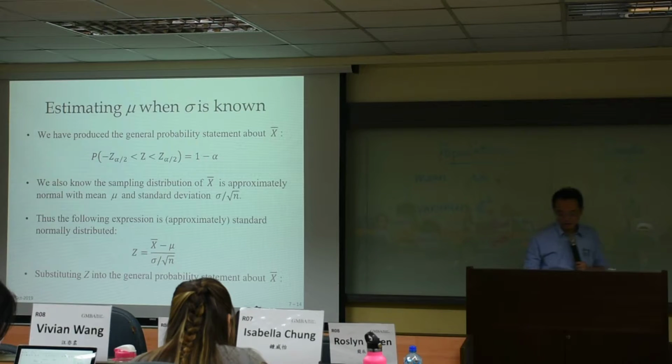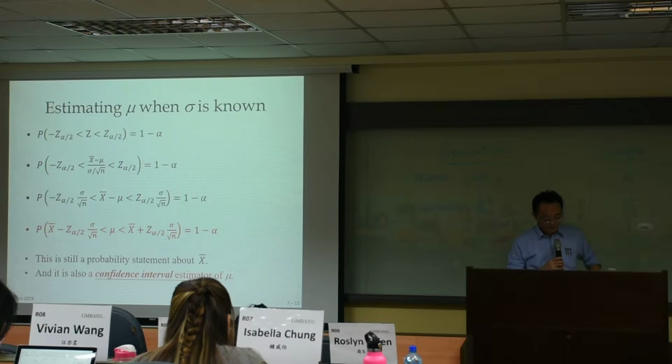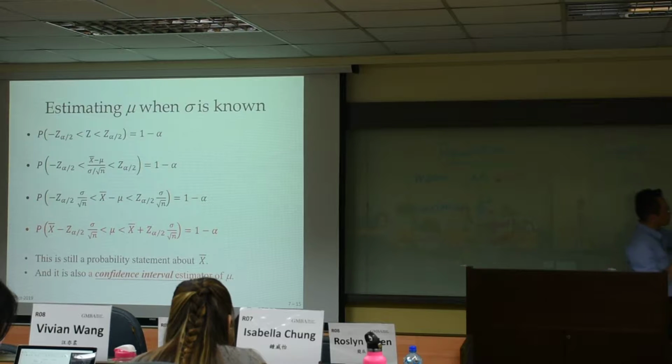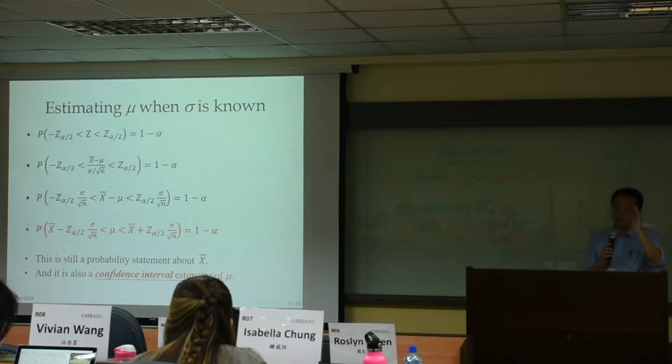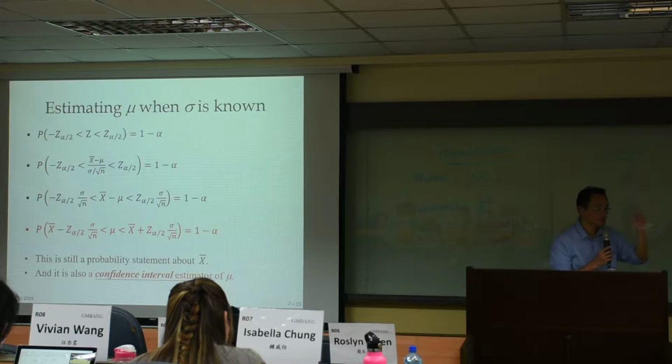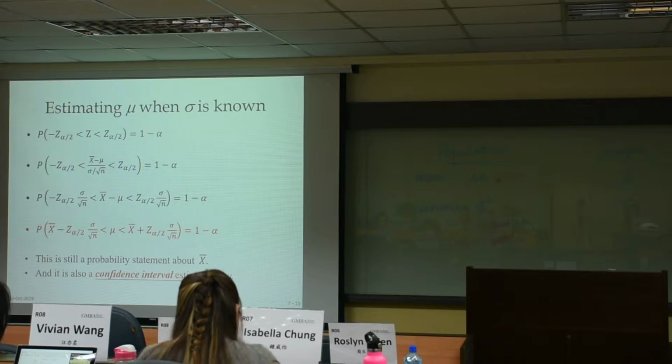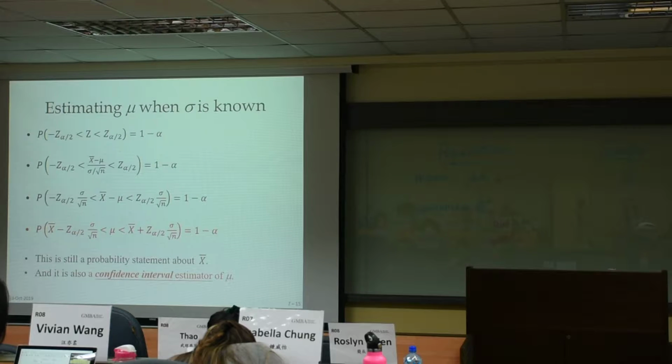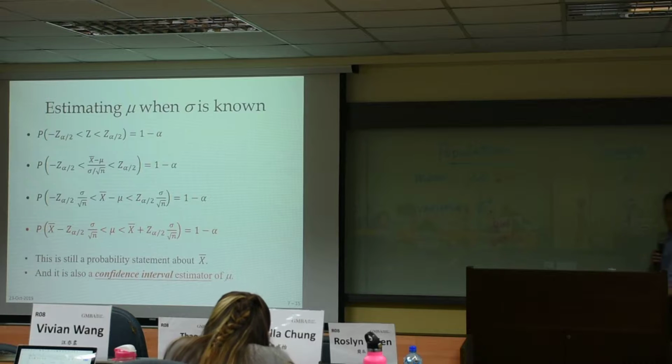For the third formula, we just rearrange these items. Because we have sigma over square root of n in the denominator, we multiply it into these three items, and we got this expression. So it's quite straightforward.